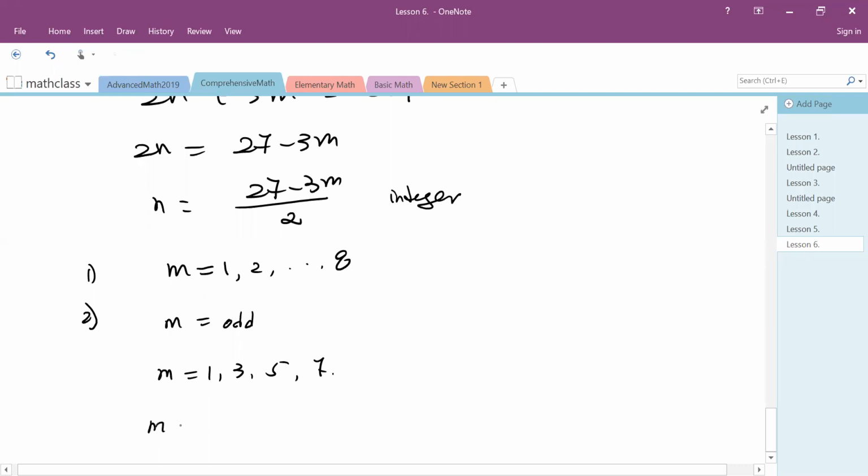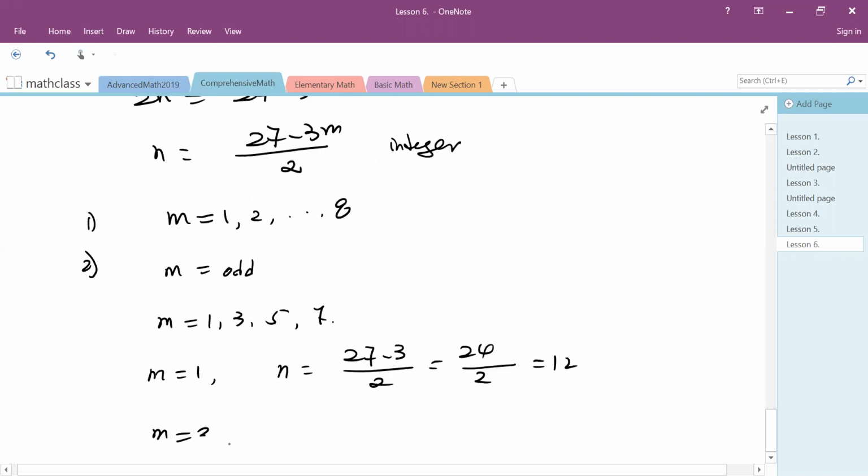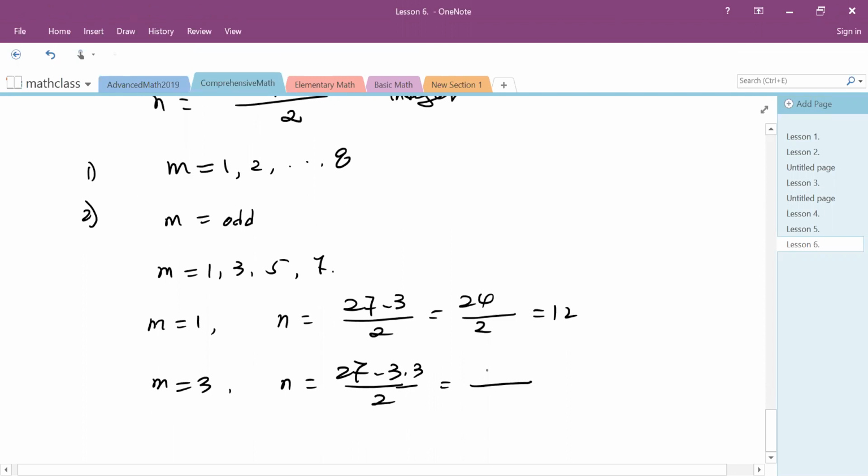When m equals 1, n equals (27 minus 3) divided by 2, 24 over 2, that's going to be 12. Perfect. When m equals 3, 27 minus 3 times 3 is 18, and that's going to be 9.